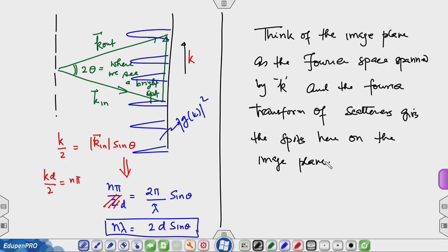So, what I wanted to show you through this simple example is that in optics, the familiar example of optics and diffraction grating, what you see in the image plane is actually a Fourier transform of these scatterers or the grating function. Now, we will take it to 3 dimensions. Now, one thing you notice here that the k or delta k, let me call this k same as delta k, is proportional to 1 over d.